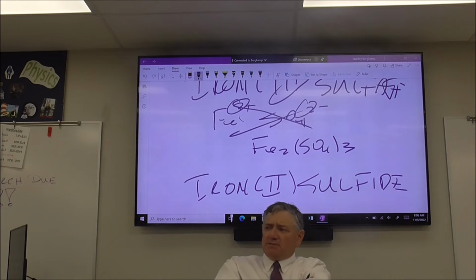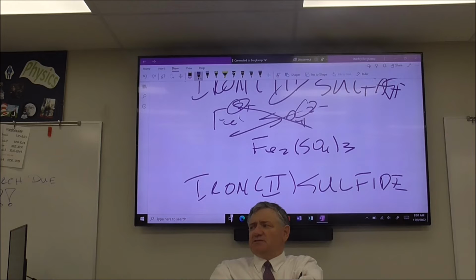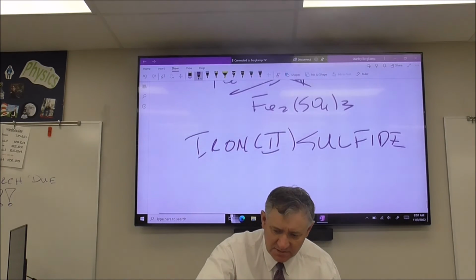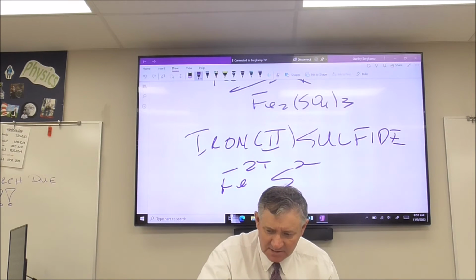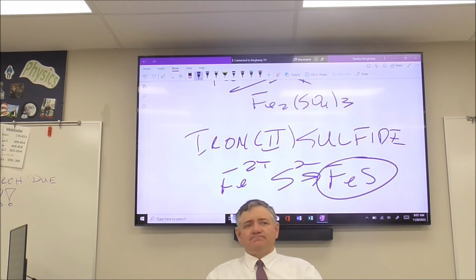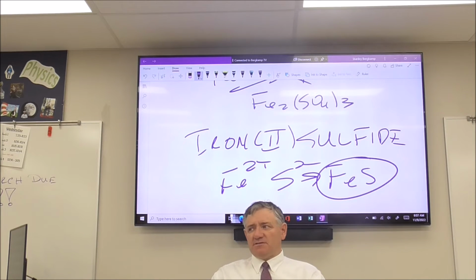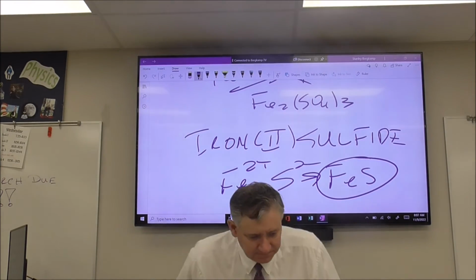The other thing I promise you, most likely, I'm going to ask you why oxygen has an oxidation state of 2 minus. Do not just tell me it gains 2 electrons. Tell me why it gains 2 electrons. So iron 2 sulfide: Fe2+, sulfur is 2 minus. This is just FeS. Got it? Good. Any questions? Going once, going twice, sold. Got it.